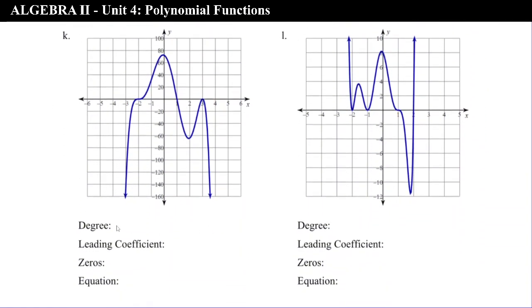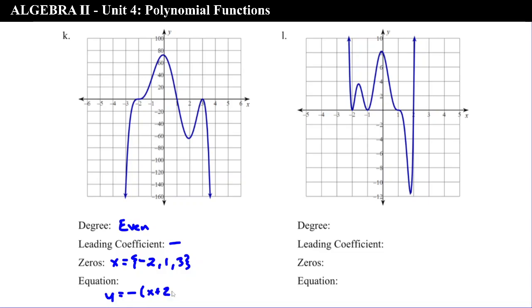For k, our degree is even. Our leading coefficient is negative. We have zeros at -2, 1, and 3. And our equation is y equals, got a negative at the beginning, that's our leading coefficient.